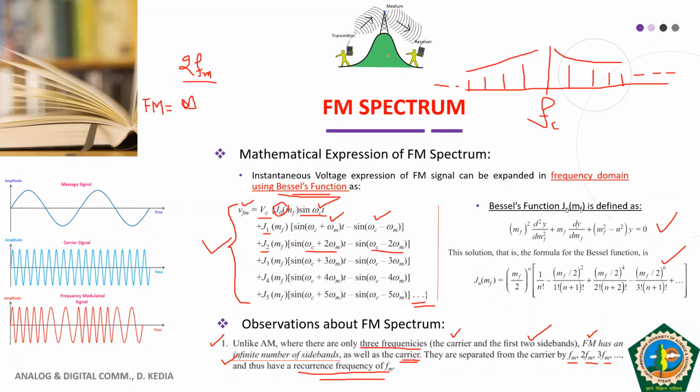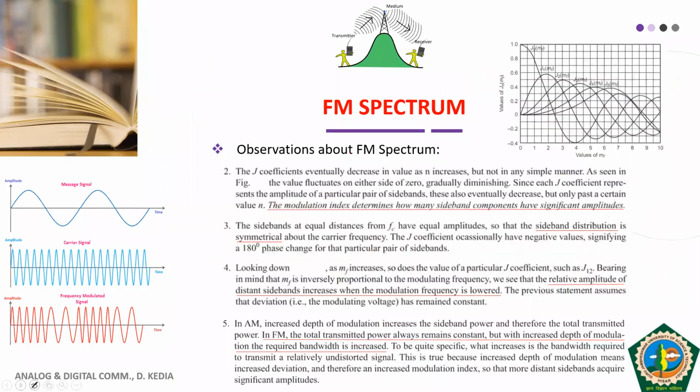So now let us move forward to our next observations related to the FM spectrum. Now, second observation. As I told you, your J coefficients, meaning your Bessel coefficients, tell us about the amplitude of your various sideband components.